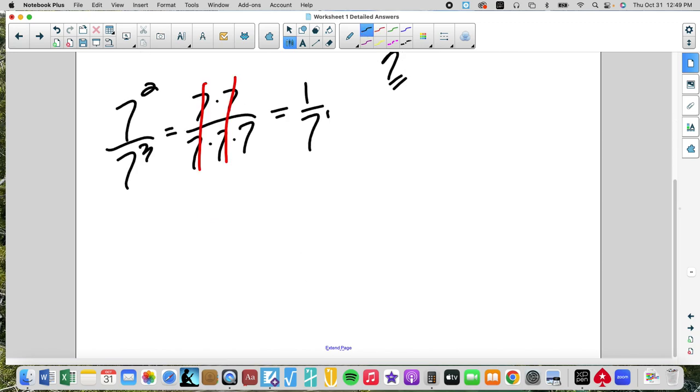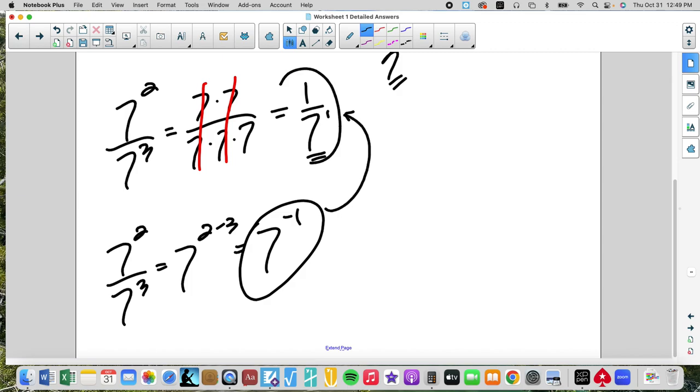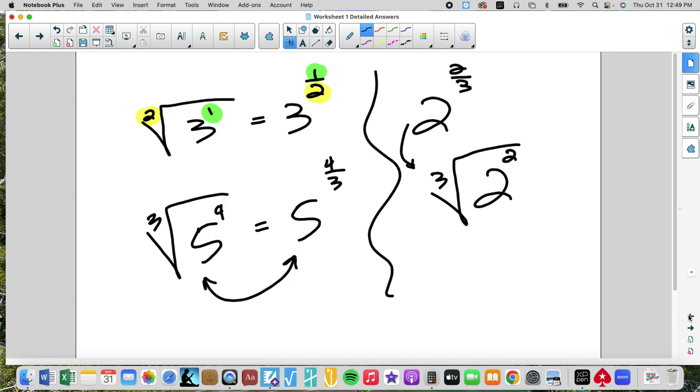So notice that the base is in the denominator. Remember that when we have like bases and we're dividing, we can subtract their exponents. That would give us 7 to the negative 1, and that negative 1 just represents that extra base being in the denominator. Hopefully that makes sense.